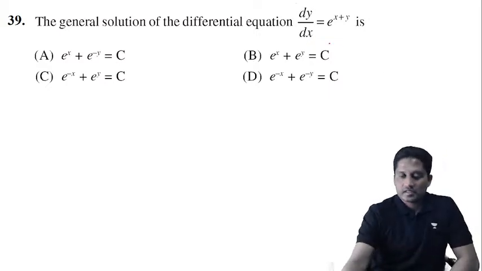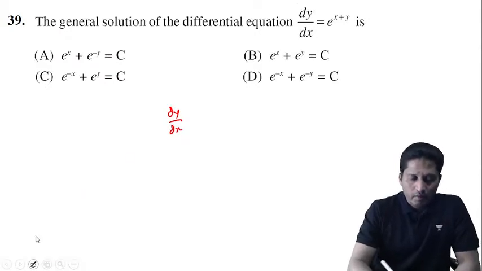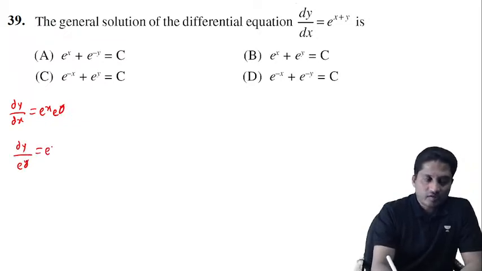This can be written as dy by dx is equal to e power x into e power y. Dy by e power y is equal to e power x into dx. E to the power of minus y dy is equal to e power x dx.